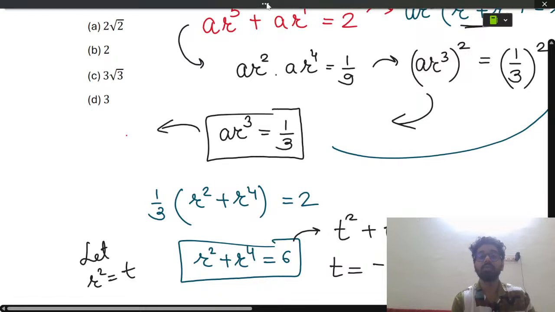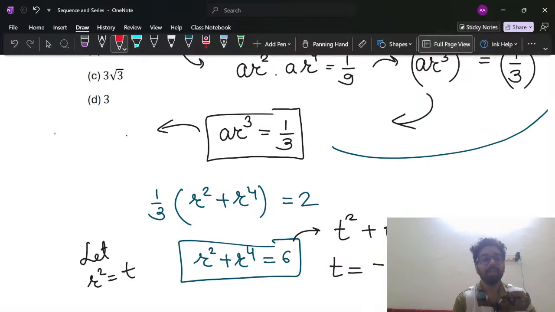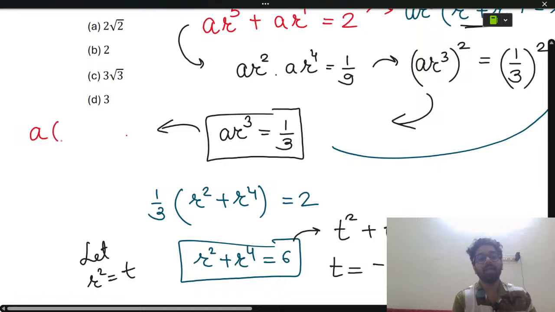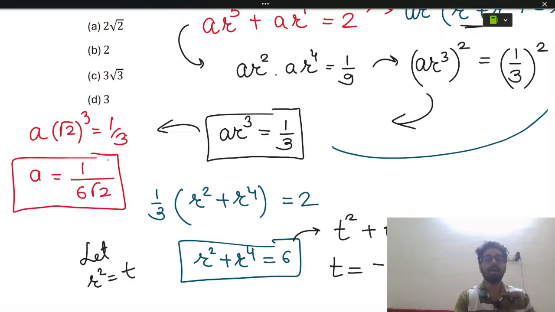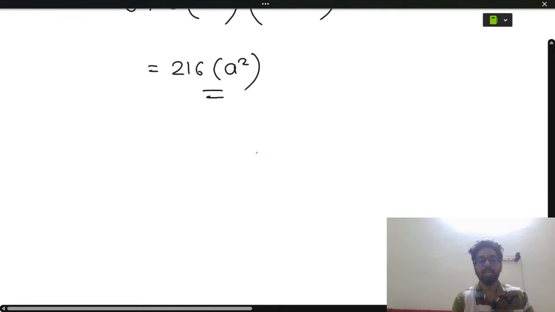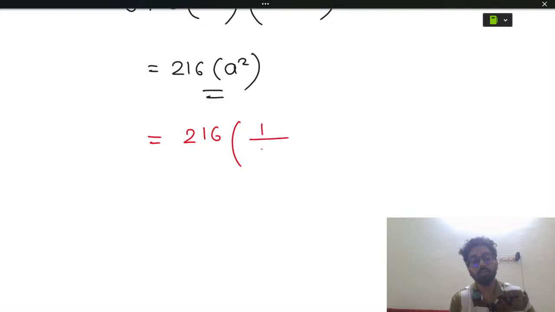If R is root 2, then A root 2 cube is 1 by 3, and root 2 cube is 2 root 2. So on solving we will get A as 1 by 6 root 2, and I will substitute over here: 216 into 1 by 6 root 2 square, which is 36 into 2.